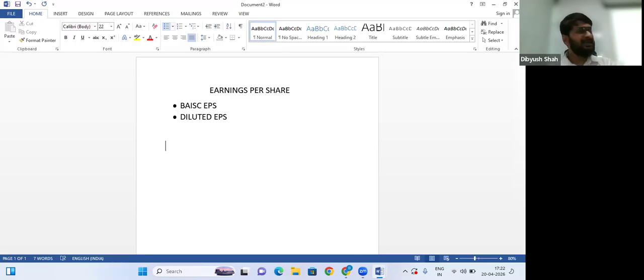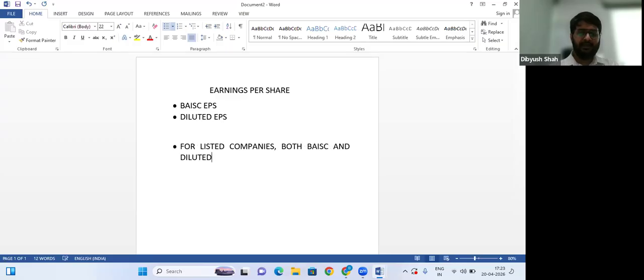Now remember, GAAP says this, and this is the rule. Accounts are generally bound by rules. GAAP says that for listed companies, that is companies that are listed with the SEC, and our Indian accounting standards and IFRS also say the same thing, both basic and diluted EPS have to be presented on the face of the income statement.